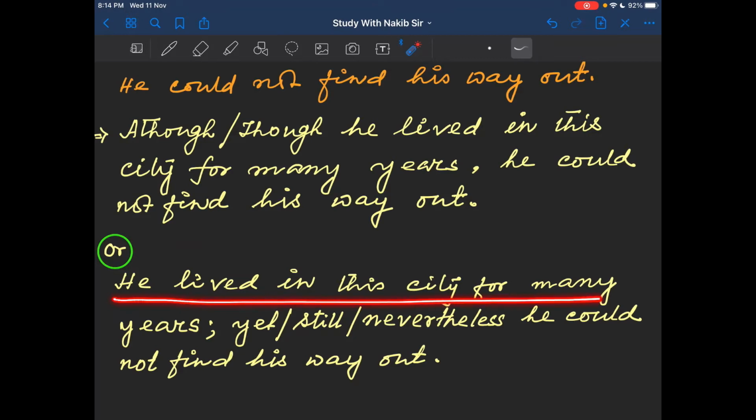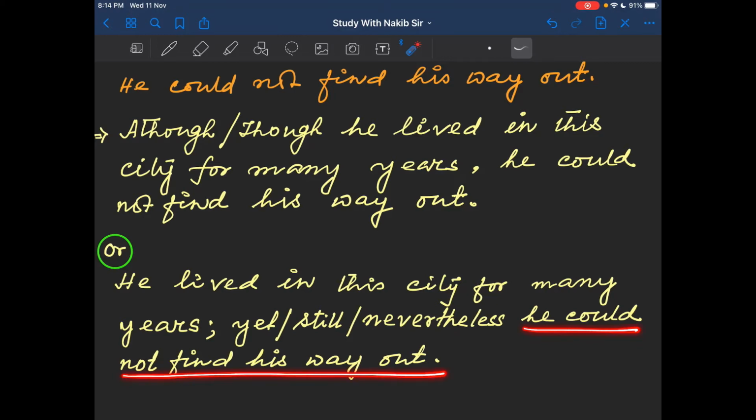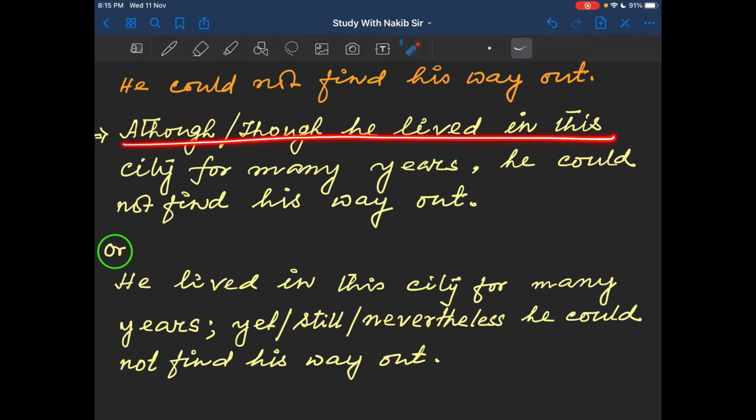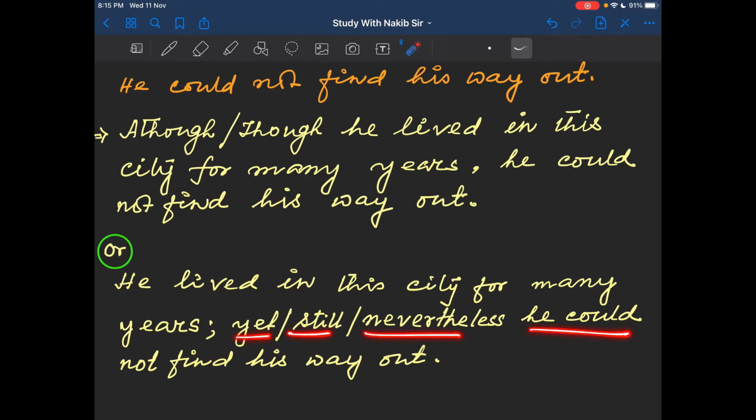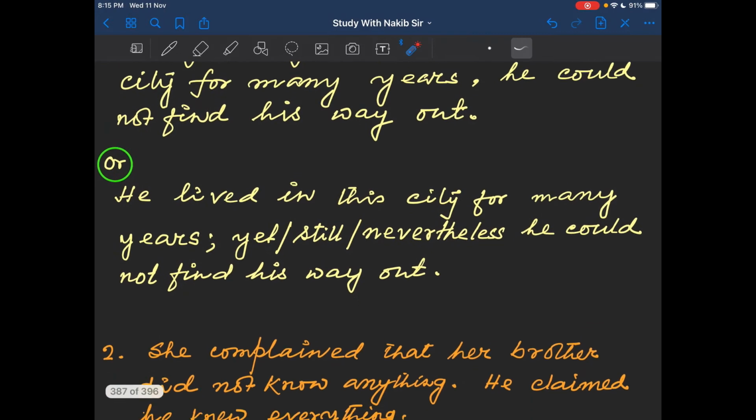He lived in this city for many years, semicolon, yet, or still, or nevertheless, he could not find his way out. So you can write either this answer or this one.